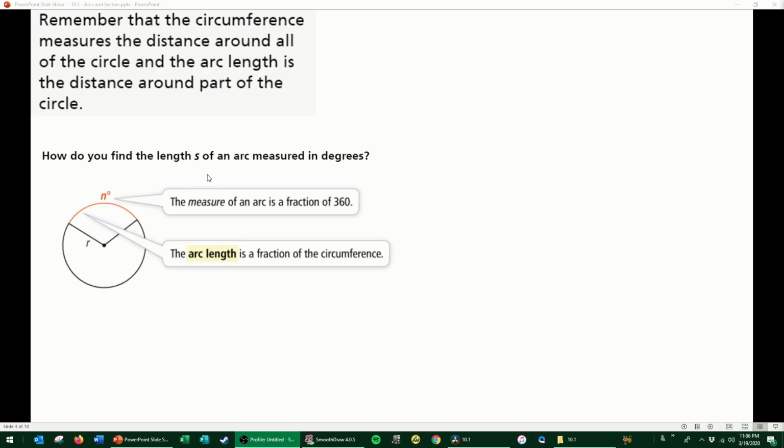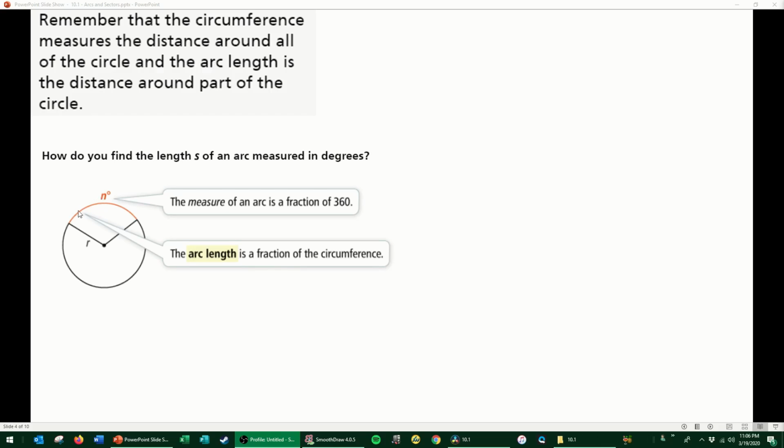So the measure of an arc is a fraction of 360 degrees, right? So the whole thing, if I were to start here and go all the way around, that's the circumference. But now that I have an intercepted arc, so this radius and this radius intercept this arc, that is when I'm going to find arc length or arc measure. So the arc length is a fraction of the circumference.